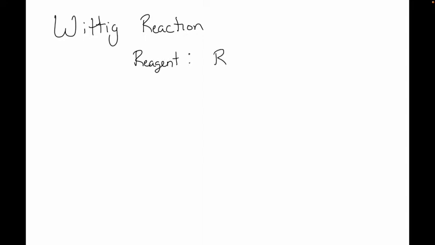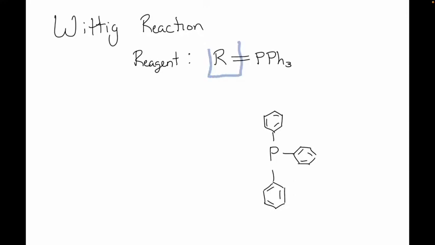Where you have an R group, so you're going to be creating a new carbon-carbon bond. And it's double bonded to PPh3. We don't really have to know what the PPh3 is, but I know that everybody is just dying with curiosity. This is actually a phosphorus that's attached to 3 different benzene rings. Luckily that doesn't really play a role in this reaction. The important part is what's going on this end here.